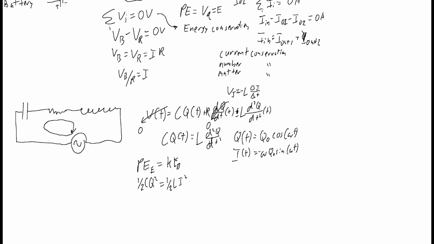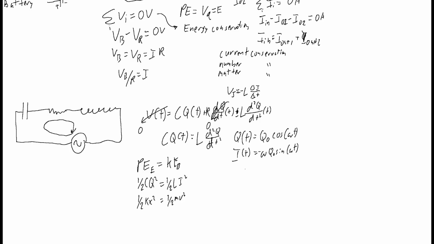There we go. If we remember from our mechanics, which you did not take, we have a spring 1/2 kx squared, and kinetic energy 1/2 mv squared. If you were to have taken a mechanics course, this would immediately call up an oscillating something. Now, this would be an oscillating mass on a spring. In this case, we have an oscillating current in a circuit.